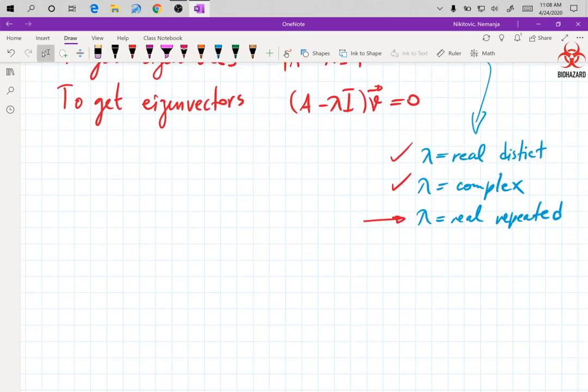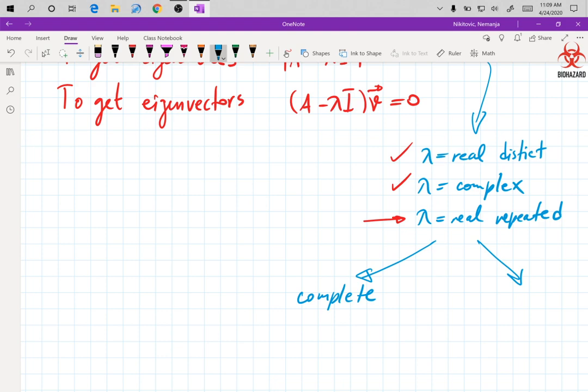Now, this breaks into two cases. It is going to break into a case where what we call the multiplicity of k is complete.